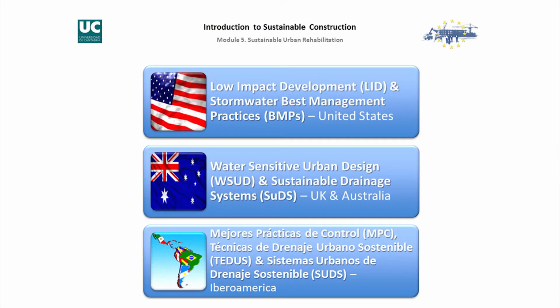In order to change this, there are several philosophies or several names that appear to refer to the same techniques. In the United States, for example, everything started with the best management practices, specifically the stormwater best management practices.